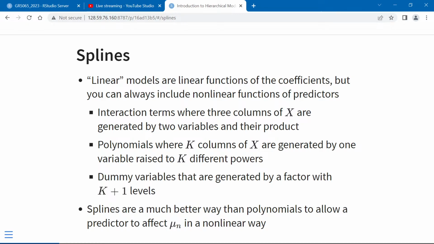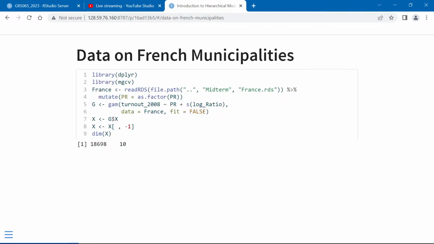With splines and Gaussian processes, which we'll talk about in a second, the relationship can be pretty much any smooth function. So let's look at one of those.